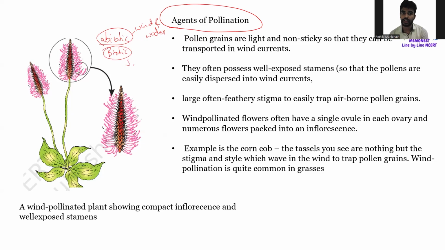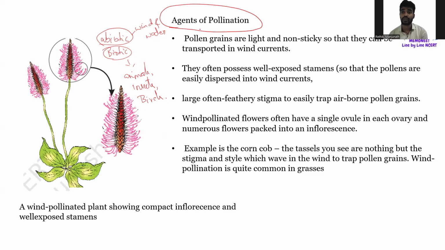Whereas biotic is through the animals, then insects, even birds, and many. Whatever living things are included come under the biotic agents of pollination. And wind and water come under the abiotic agents of pollination.